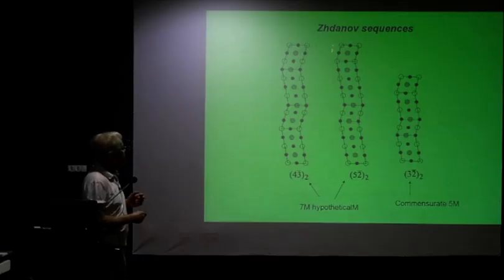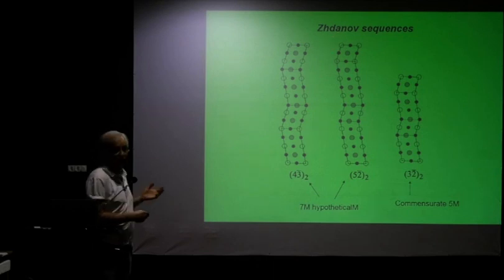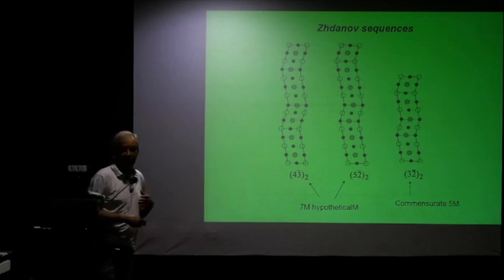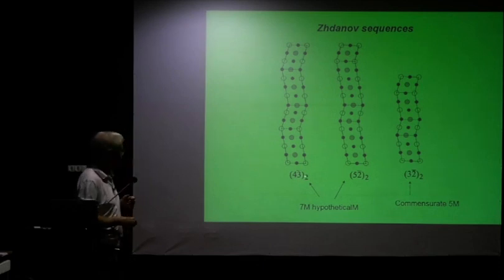This is the so-called Zhdanov notation, I don't know how to pronounce it. He introduced sequences which are represented like this. You'll come across these kinds of representations in some papers.